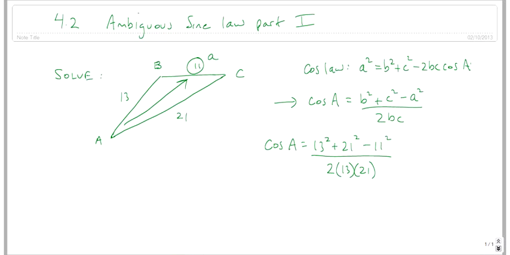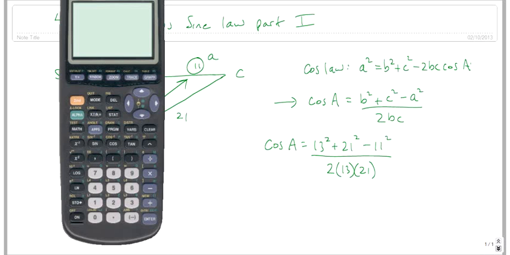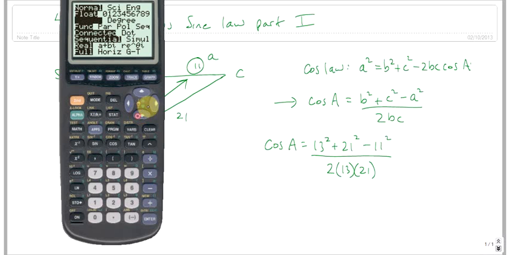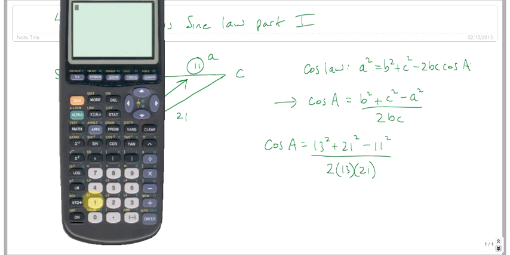Okay, if you do this properly, you can just put that in your calculator in one step. Make sure it's in degrees. Okay, 13 squared plus 21 squared minus 11 squared equals.